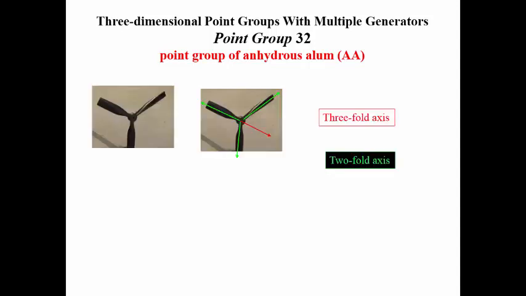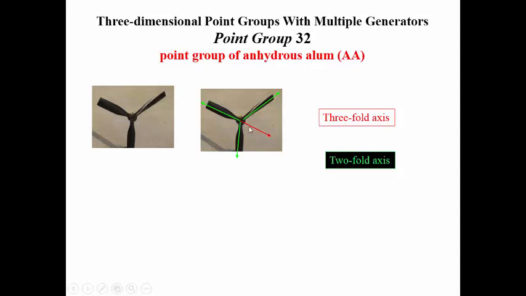Another one is point group 32, which is the point group of quartz or anhydrous alum. Another example of this would be a propeller, where each wing of the propeller is twisted in the same direction.